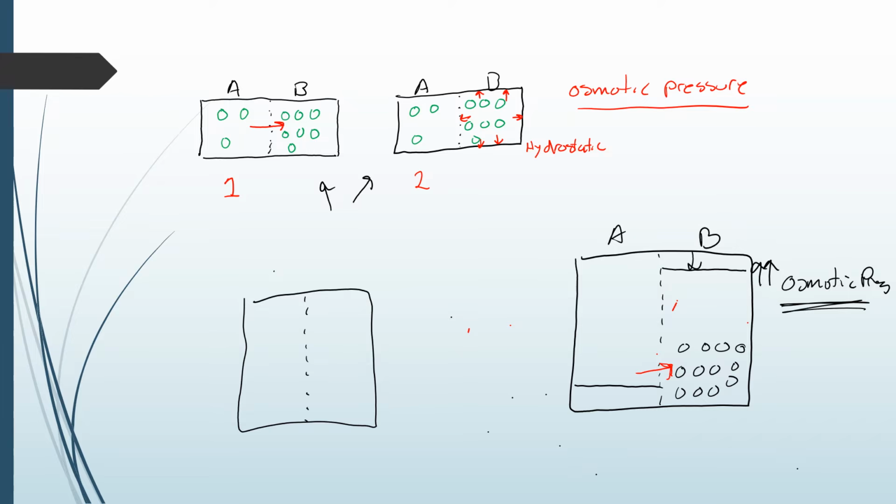Here's A, and here's side B. Let's say I had greater concentration on side B. However, in this example, the solute molecules are permeable. So in other words, these molecules can actually move across the membrane and go to side A.